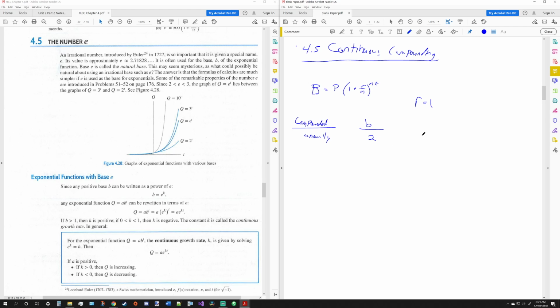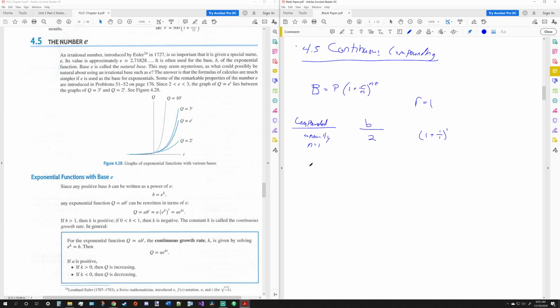Because we do 1 plus 1 over 1 raised to the 1. Because if we're compounding annually, n equals 1. And this turns out to be 2.